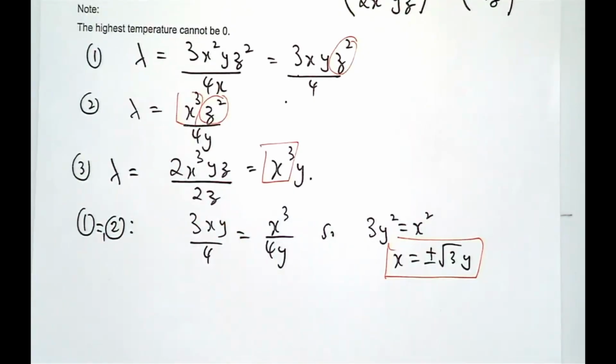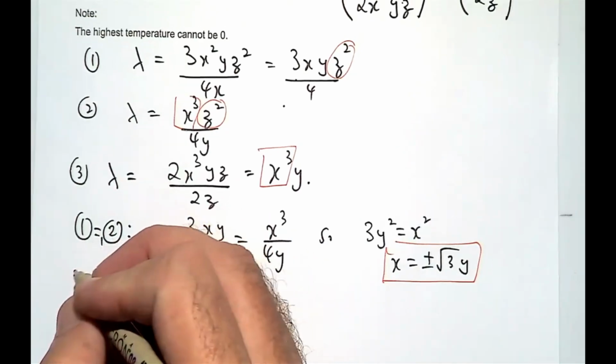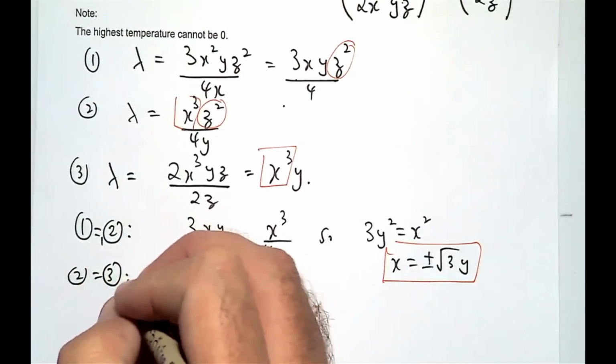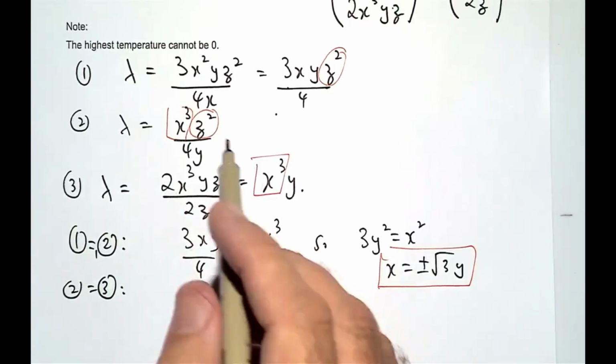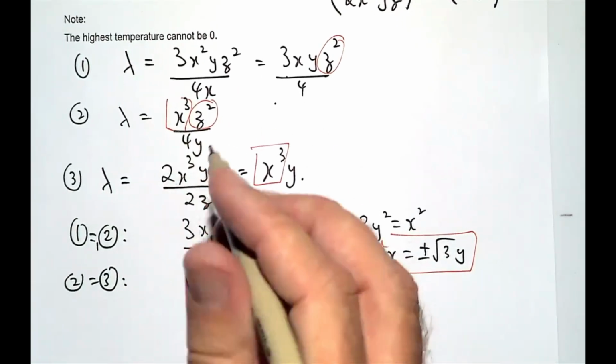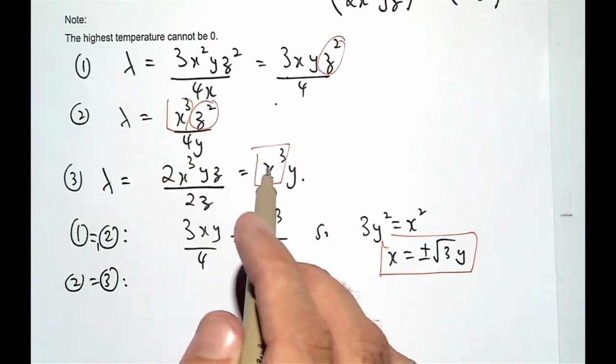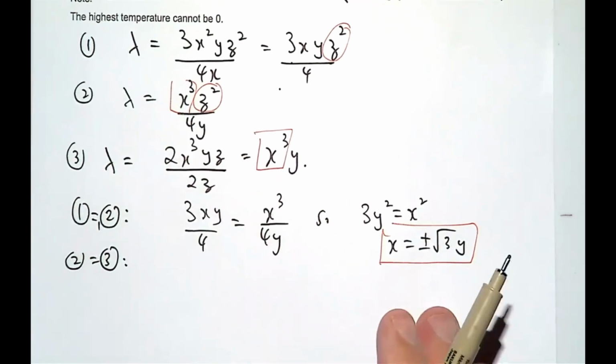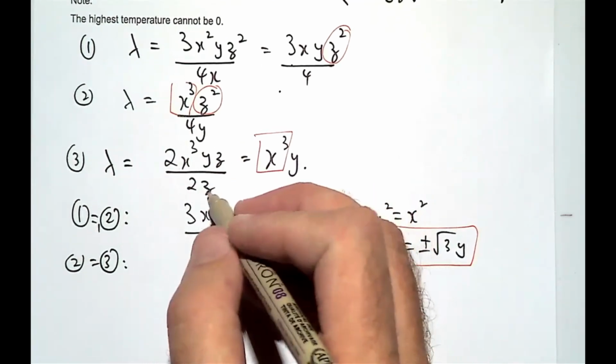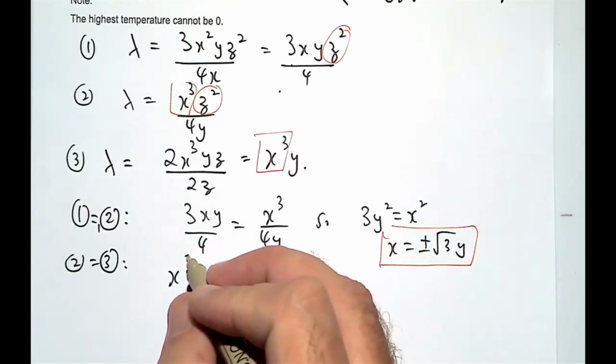Now let's work with equations 2 and 3 because they share a common bit in the x cubes. So let's let them equal each other and see what happens. The x cubes are going to cancel each other out and we're going to be left with something like, well, I'll just write it down, hang on.